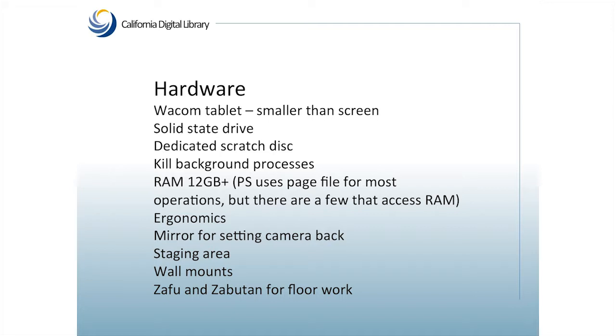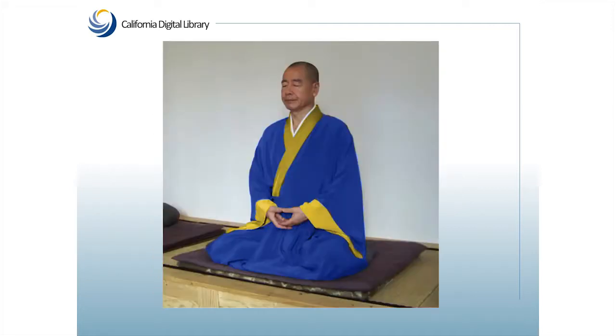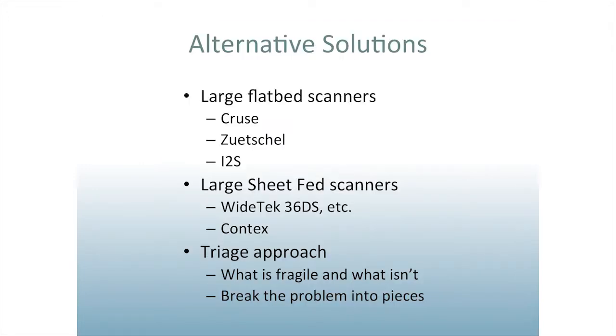The folks doing this work, it can be backbreaking work. At Stanford, for our photographer who was working on the floor, I went out and got him the Zafu and Zabuton. I figured these guys sit a lot, and they look pretty comfortable. So that's how our photographer works, and he really loves it. The lights are subdued. It's very therapeutic.